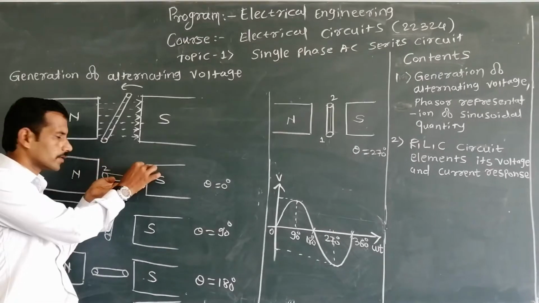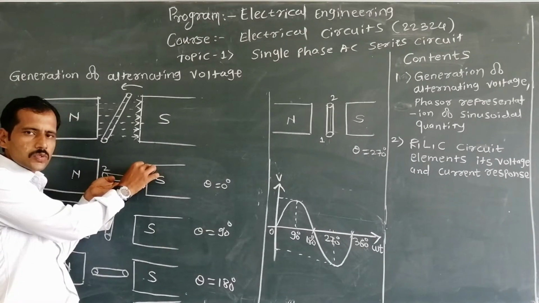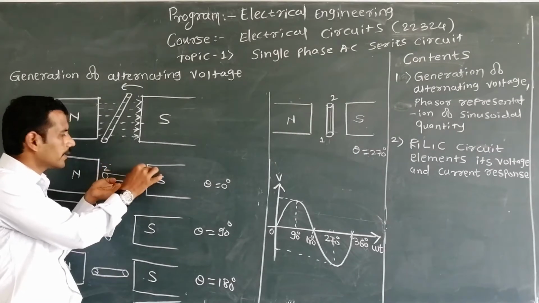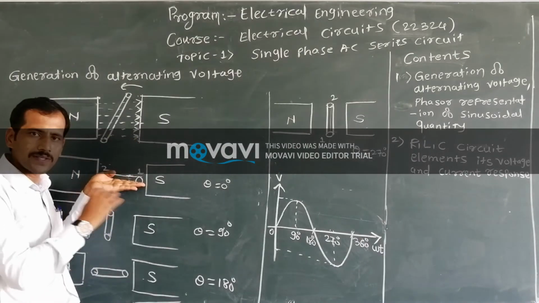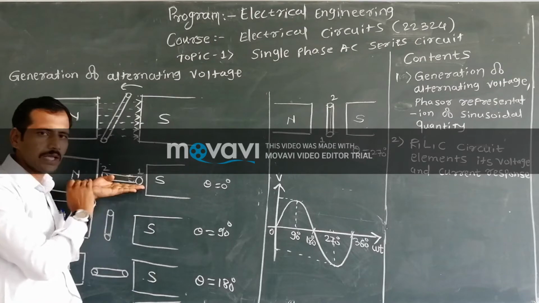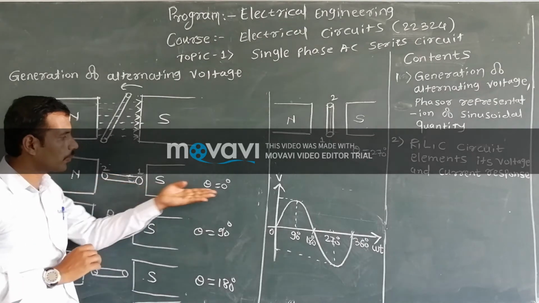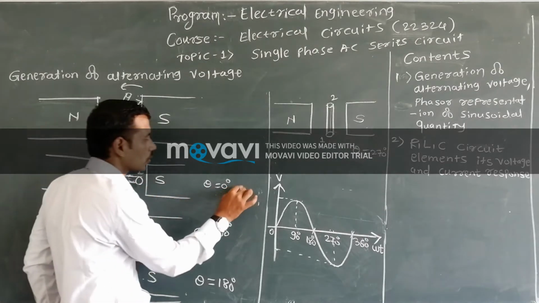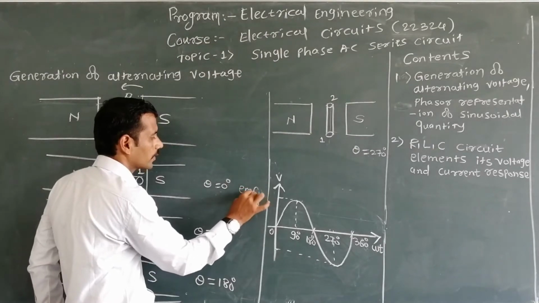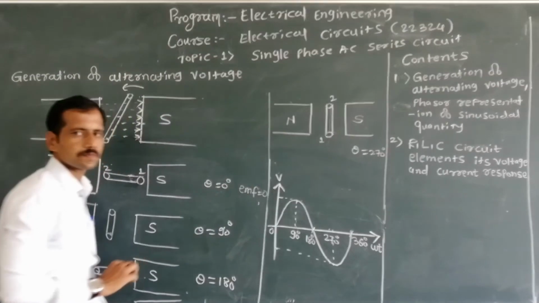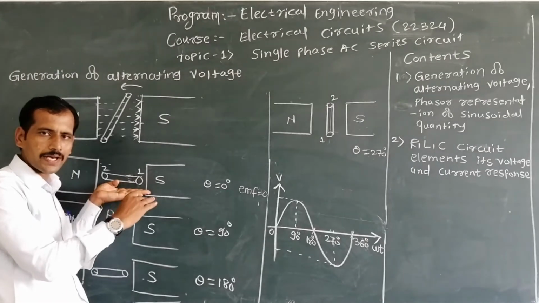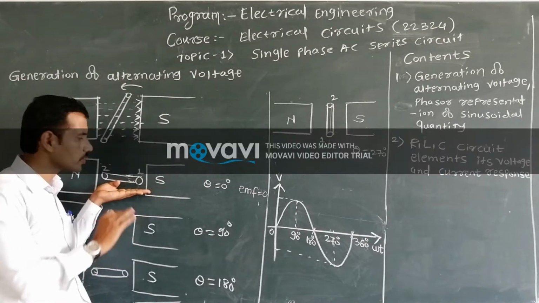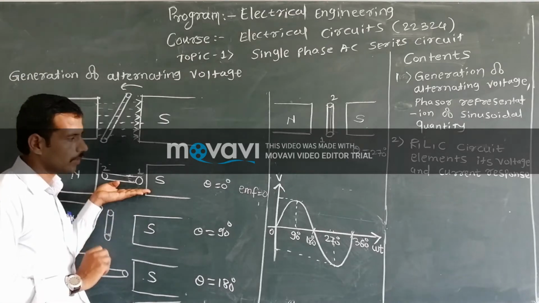We have not shown the magnetic field here, so assume the magnetic field is there. Conductor and magnetic field both are horizontal, so both are parallel. Therefore EMF will be 0. When conductor and magnetic flux are parallel, there is no EMF because there is no flux cutting.